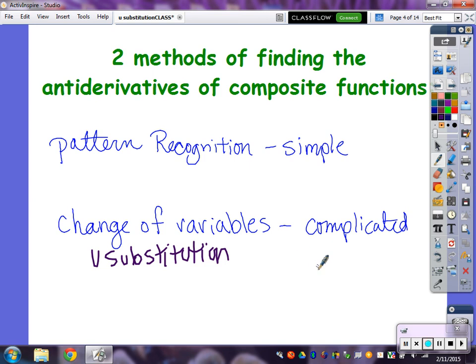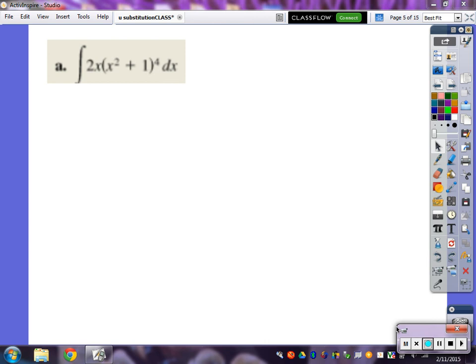And so let's work through a couple of examples to fully understand how the U substitution process works. So in this problem, we are integrating 2x times x squared plus 1 all raised to the 4th power dx. And so what we want to do is find a way to use U substitution so that we are creating an easier integral to compute.